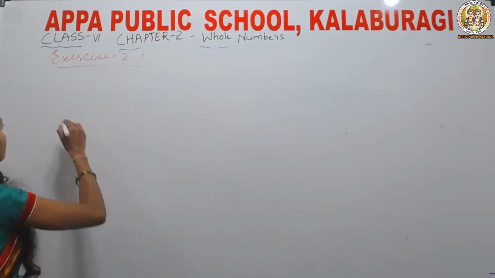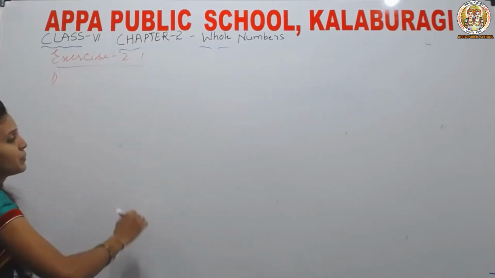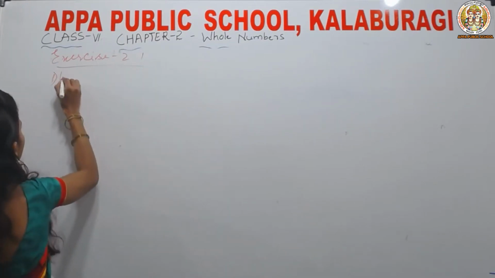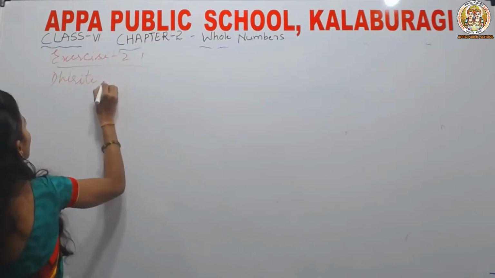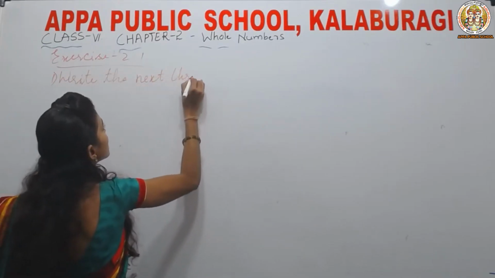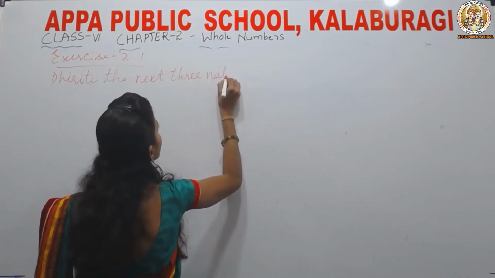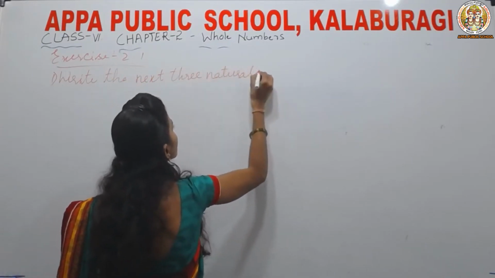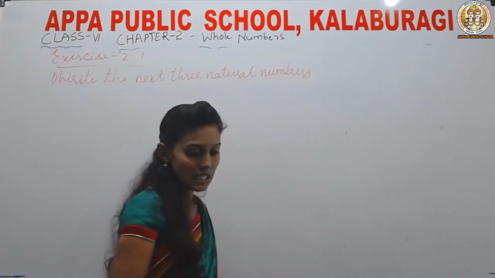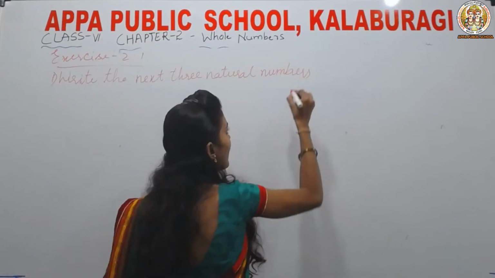Now let us go to the first question. Write the next 3 natural numbers. They ask for the next 3.